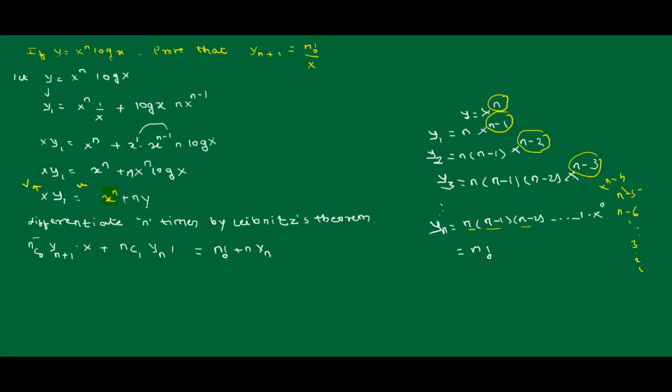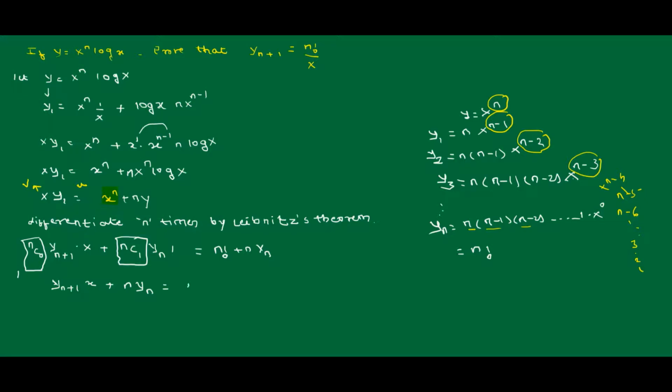Now nc naught value is equal to 1, so I will leave it. The remaining terms are yn plus 1 into x plus what is the nc1 value? The nc1 value is n. The remaining term is yn.